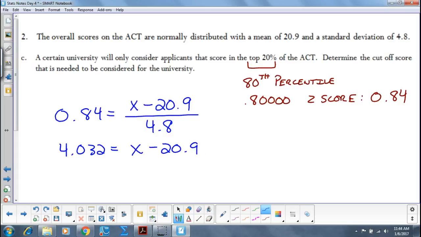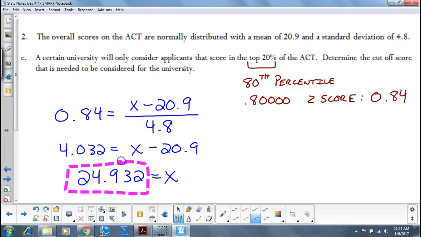Add 20.9 to that. Gets me 24.932. Is x. Yes, indeed we do. Okay.